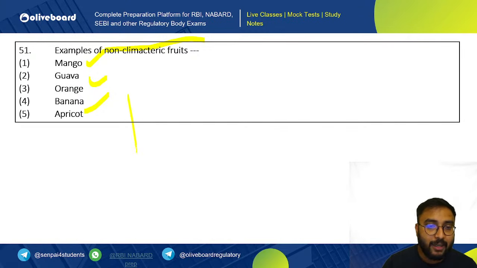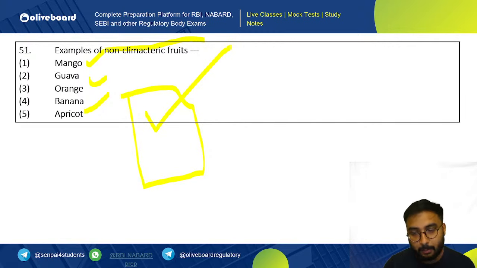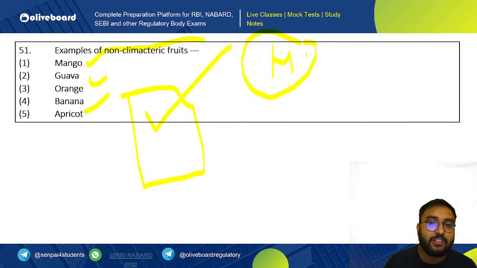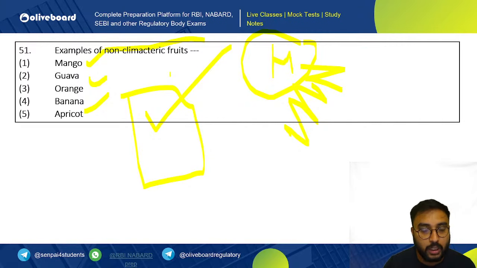Climacteric fruits are those fruits which you either cut from the branch or from the plant by plucking, picking, or cutting, that is through harvesting. If you cut any fruit and it ripens even after harvesting, picking or plucking, that is called a climacteric fruit.